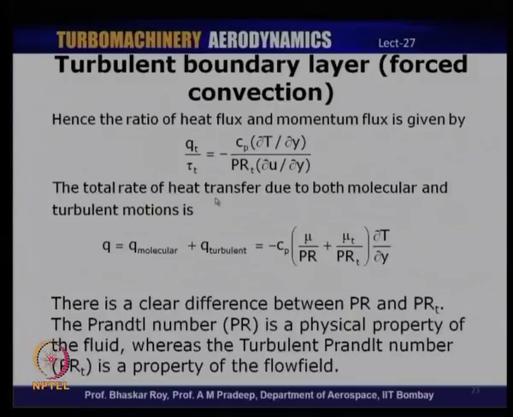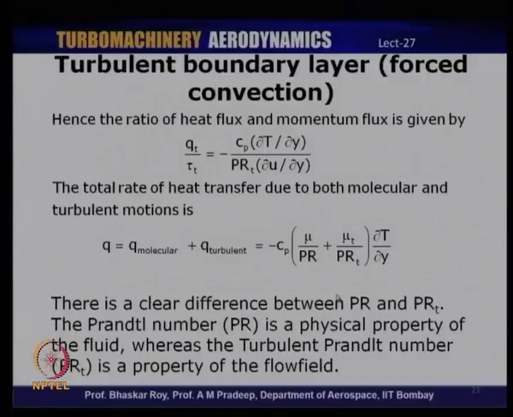And therefore, the total rate of heat transfer due to both molecular and turbulent motions, that is because of conduction as well as the convection involved, is the sum of the molecular heat transfer and the turbulent heat transfer, and that is expressed as minus C_p into (mu by Prandtl number plus mu_t by turbulent Prandtl number) multiplied by del T by del y.